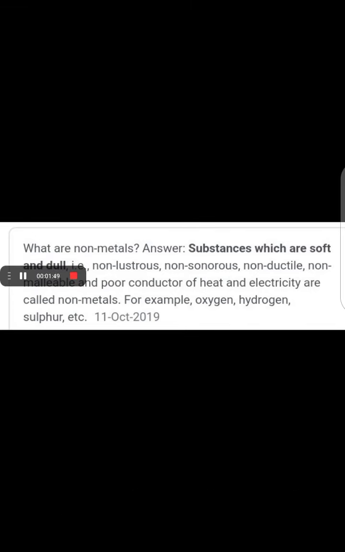The substances which are soft, dull or non-lustrous, non-sonorous, non-malleable, and poor conductors of heat and electricity are called non-metals. For example, oxygen, hydrogen, sulfur.